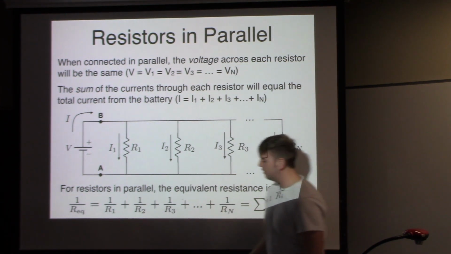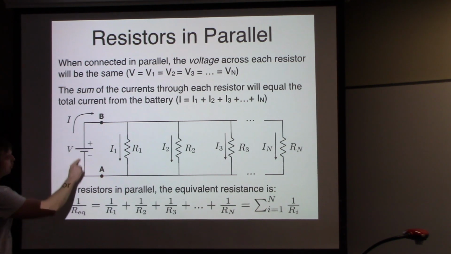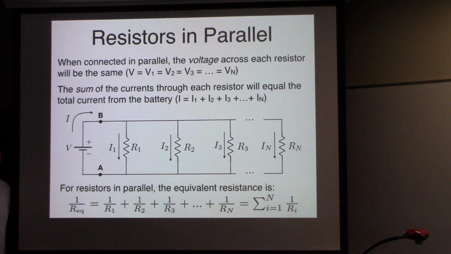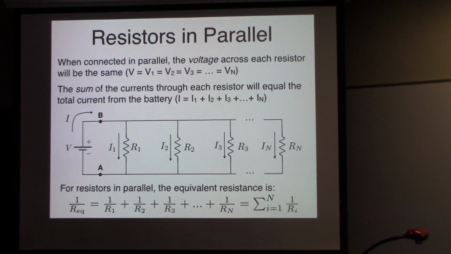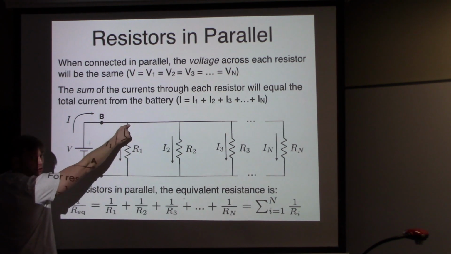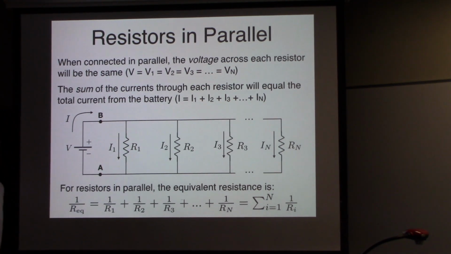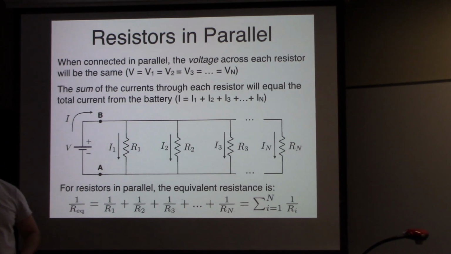One path we can take starts right here at point A, goes across the battery, and ends up here at point B. What voltage are we talking about? The battery voltage. Another path I could take starts right here, goes across resistor R1, and then back to point B. What voltage are we talking about? The voltage across resistor number 1.